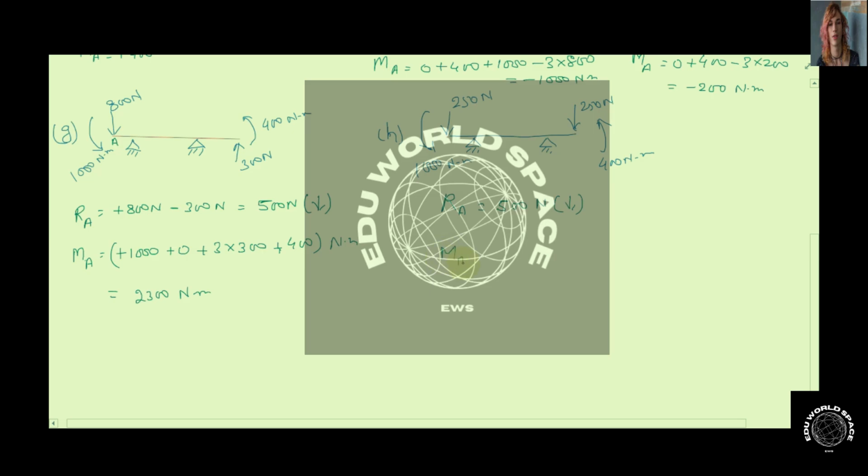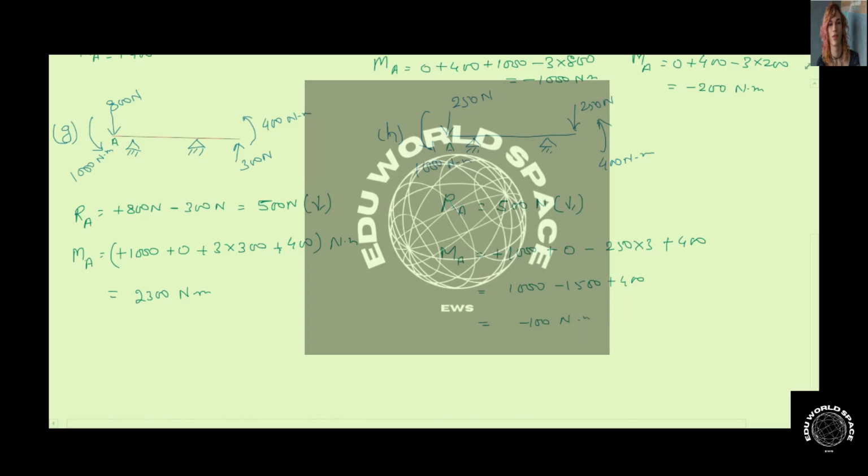If we talk about the moment about point A, which is this end, this 1000 Newton meter is in counterclockwise direction, so it will be plus 1000, and this 250 will have zero effect, so it will be plus 0, and this 250 is going to cause a clockwise couple, so it will be minus 250 multiplied by 3, and this 400 is going to cause a counterclockwise couple, so it will be plus 400. If you solve this, it comes out to be 1000 minus 1500 plus 400, which is equal to minus 100 Newton meter.